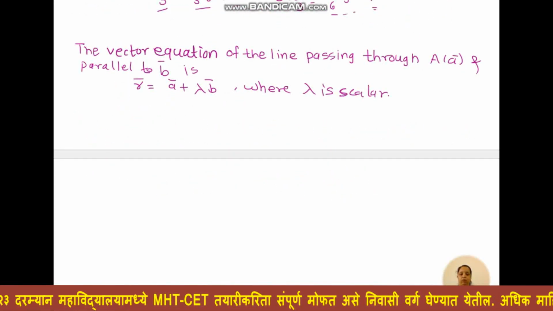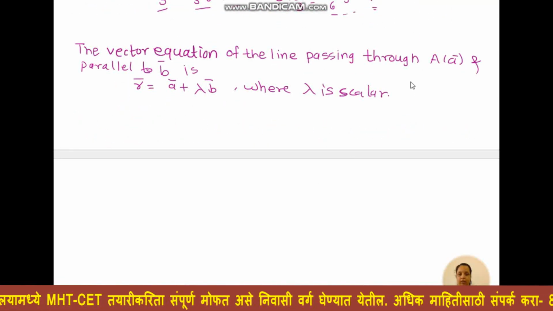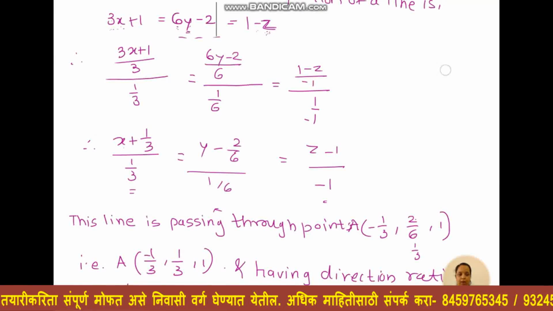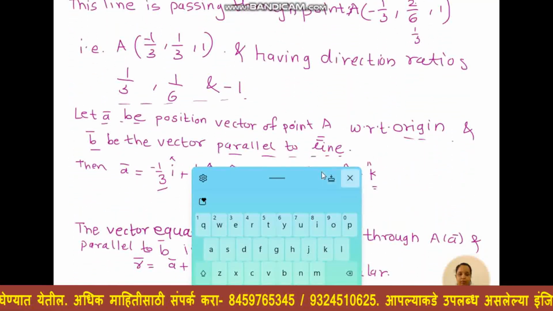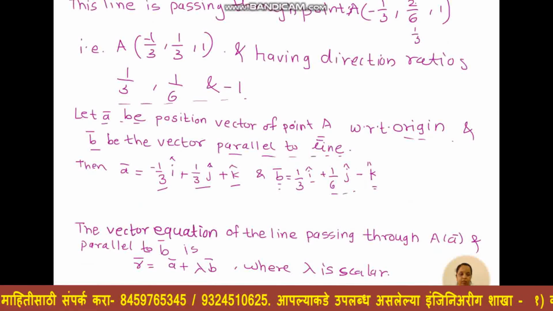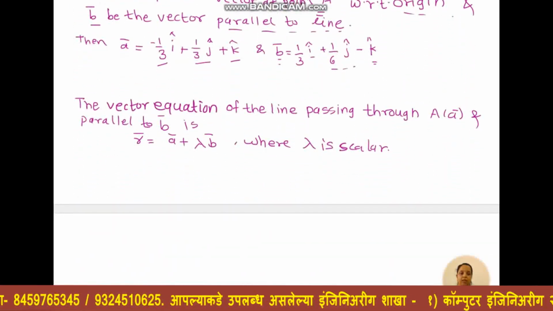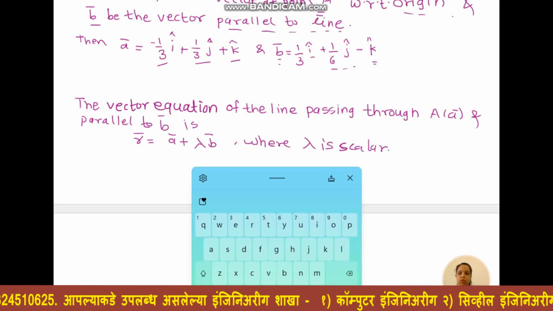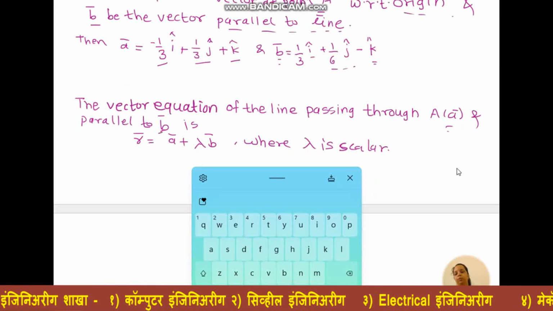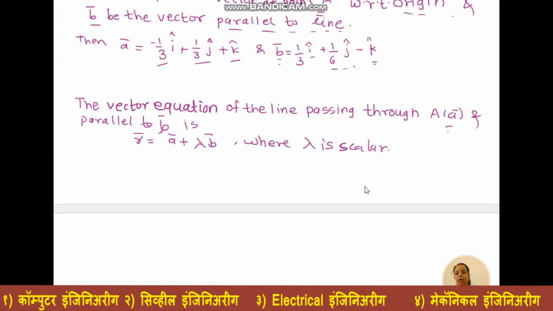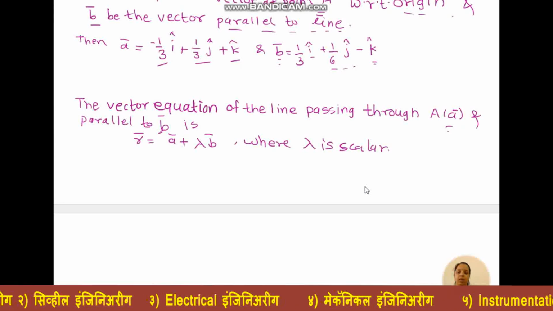Now, the vector equation of a line passing through point A whose position vector is A bar and parallel to B bar is given by R bar is equal to A bar plus lambda B bar.